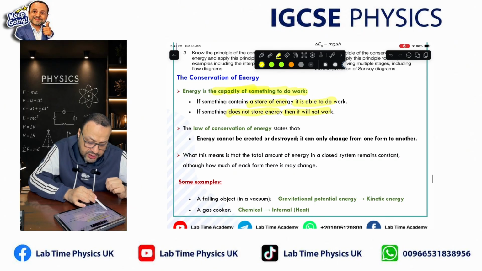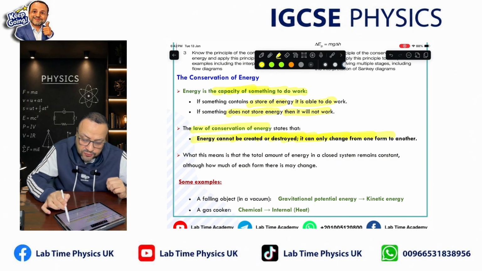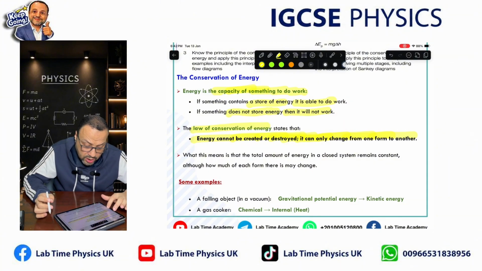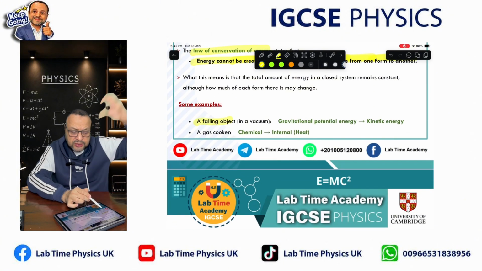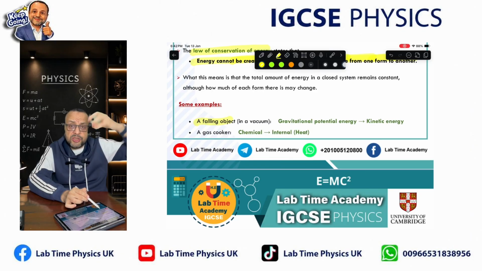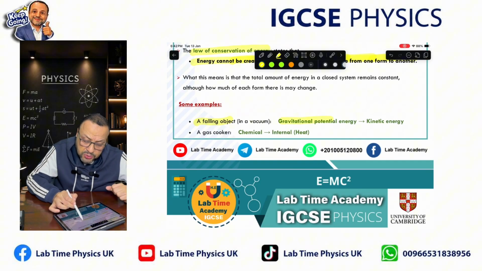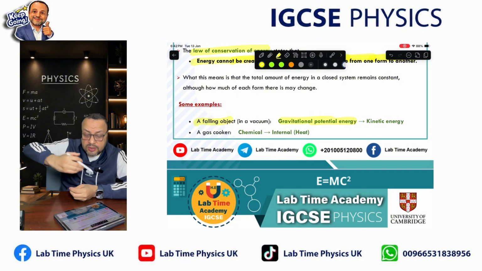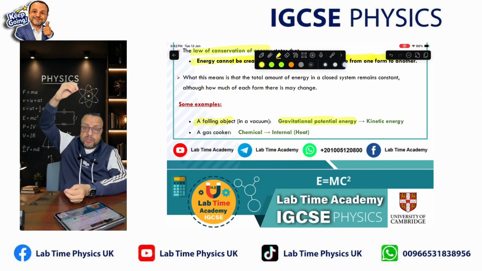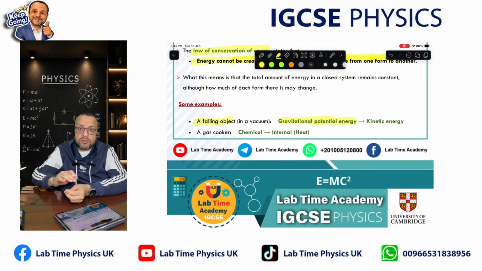Okay, law of conservation of energy, as I said: energy cannot be created nor destroyed, but it can change from one form into another. You have many examples, like an object in vacuum. What about the change in the energy here? Gravitational potential energy changes into kinetic energy, because the gravitational potential energy is related to the height from the ground.